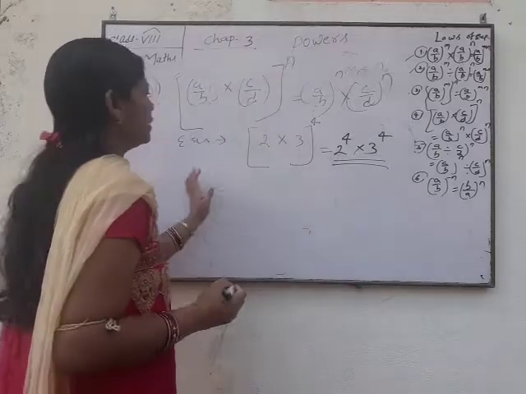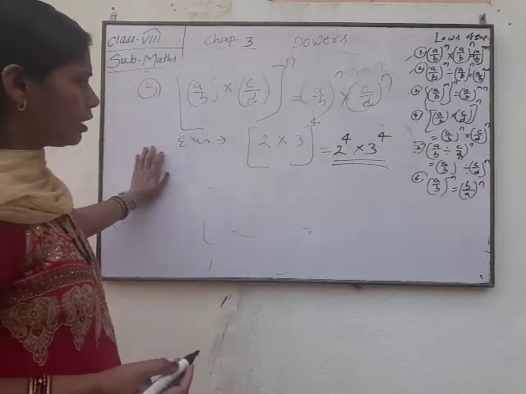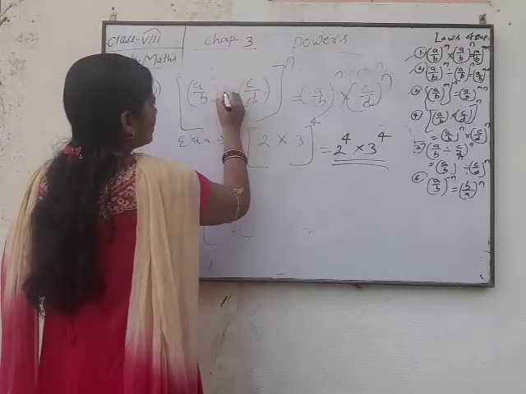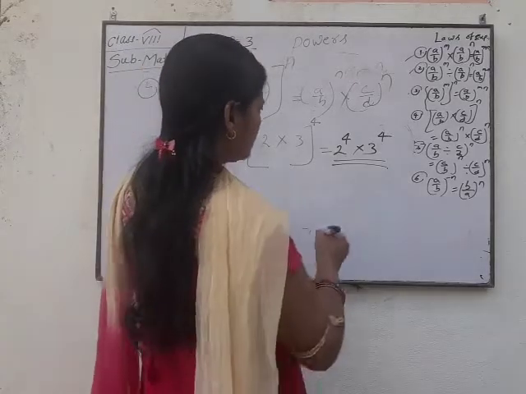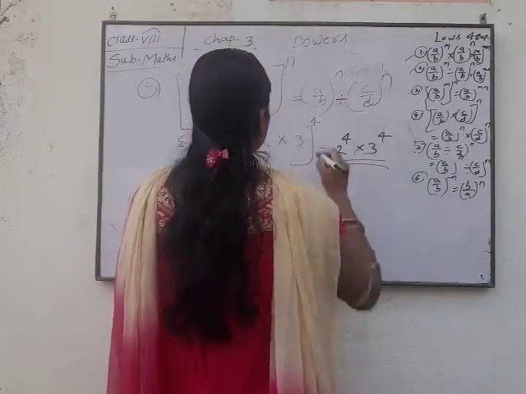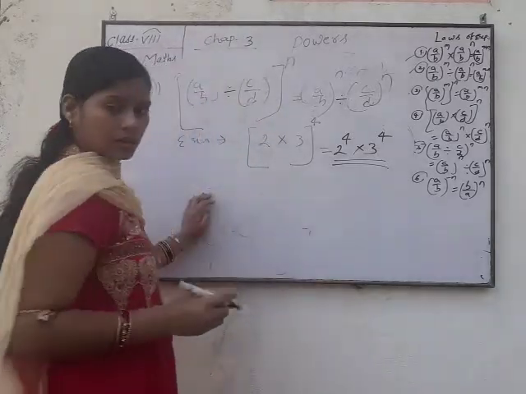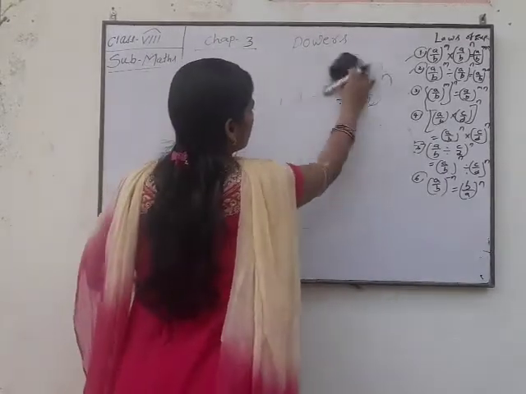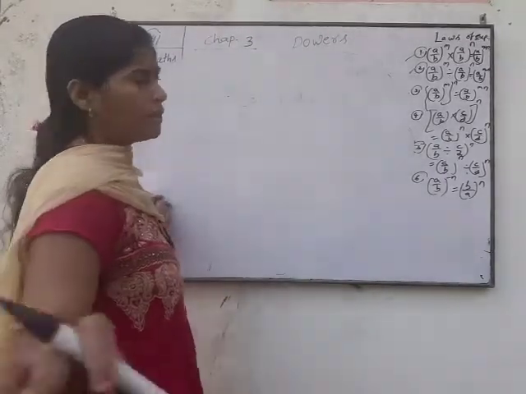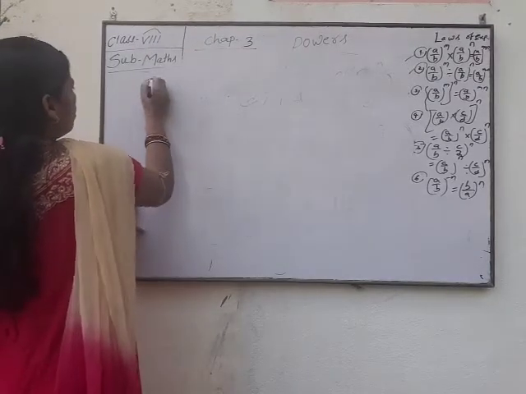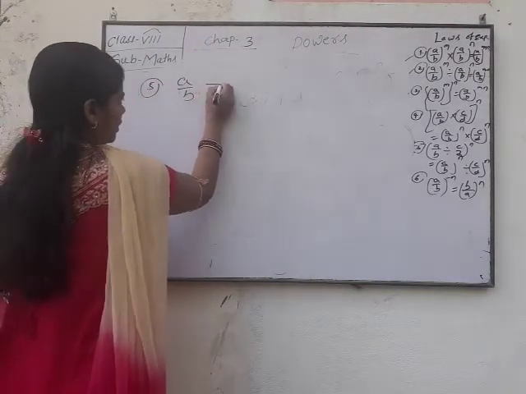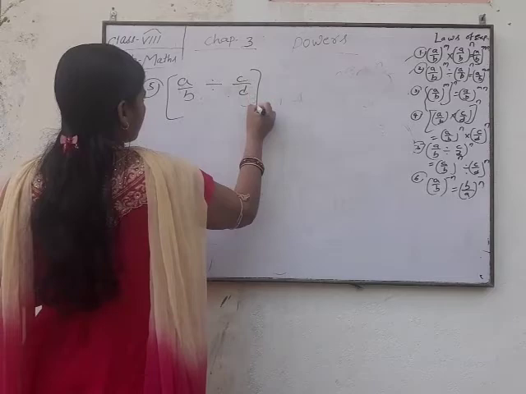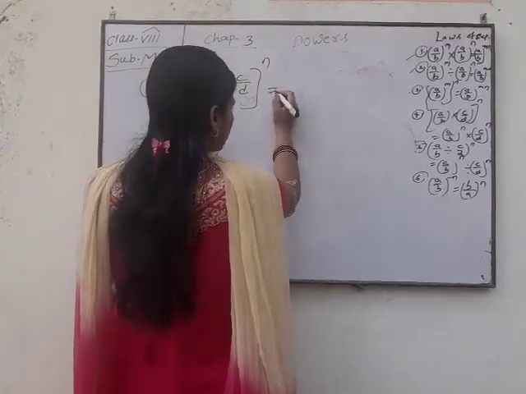Okay. Now, then fifth law is the same: if you divide, then it also divides. Your fifth law, a by b divided by c by d whole to the power n is equal to what?